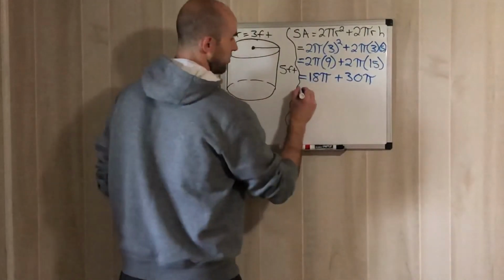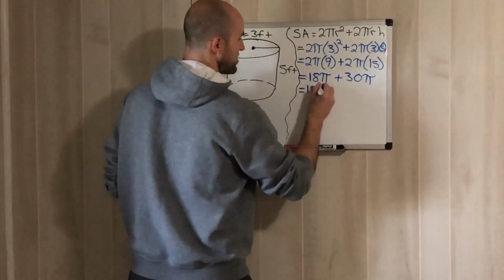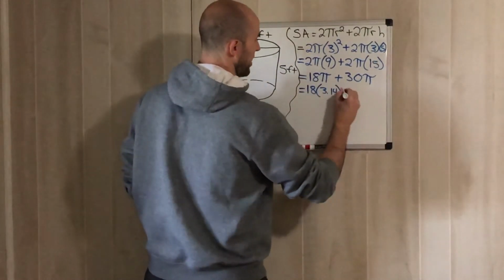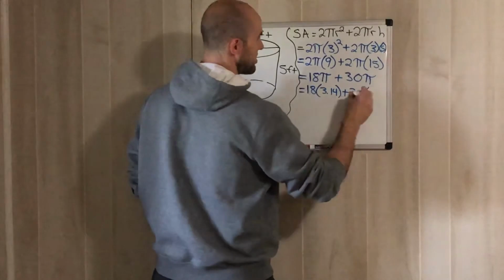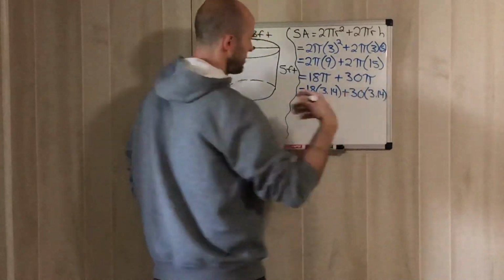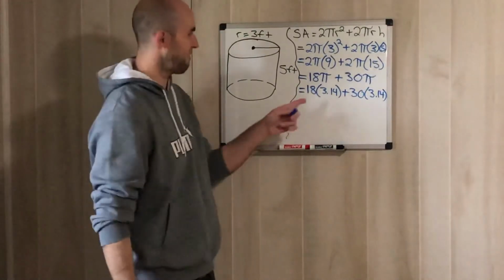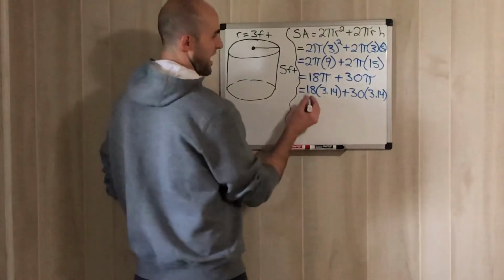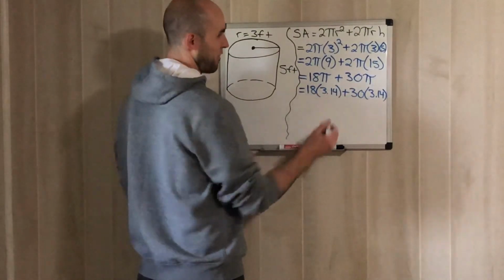Now, just like we did before, wherever you see pi, write 3.14 just to make it easier. Plus 30 times 3.14 again. Get in the habit of that at home if it makes your life a lot easier. Pi, just use 3.14. So now we have 18 times 3.14.